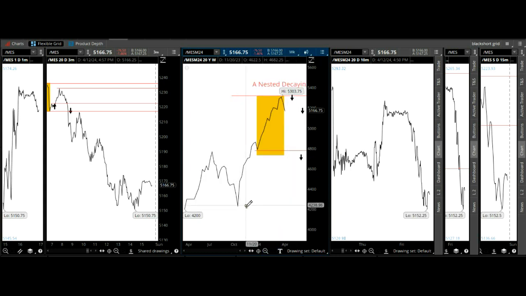Back in October, we called the bottom here. The fractal bottom appeared on another time frame. Regardless, the bottom was in October. And now we have a decaying fractal top. This is a top. Hence, here's the beginning of the trend.